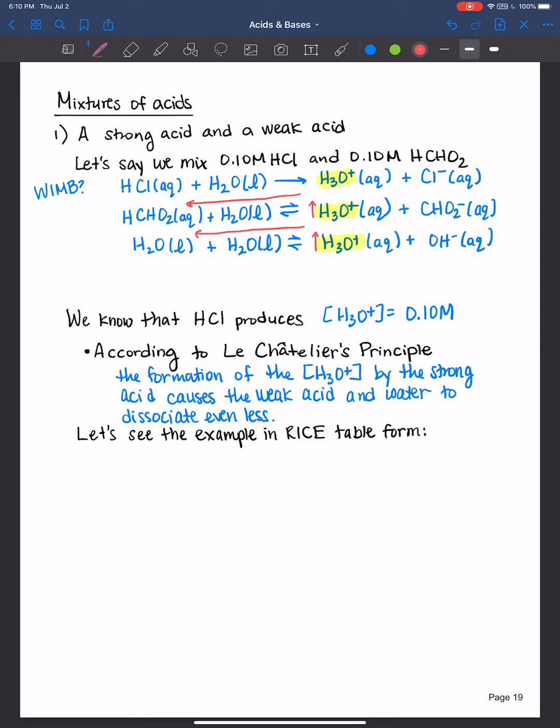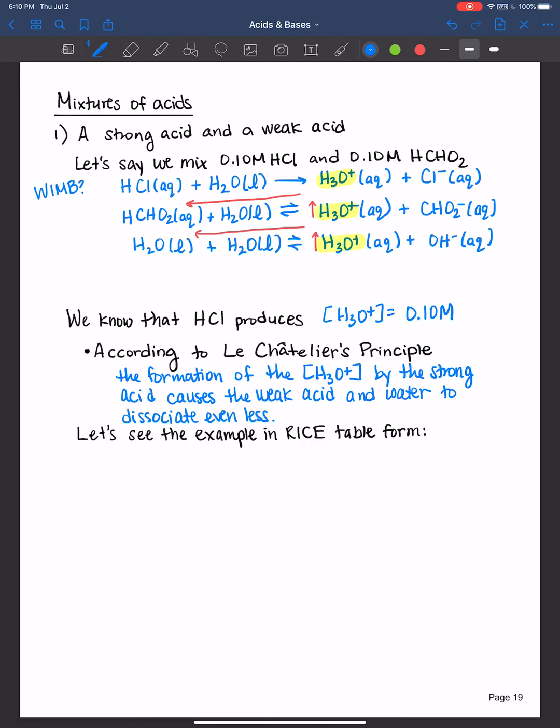Let's see an example of this in ICE table form so we can prove to ourselves that when you mix a strong acid and a weak acid, the strong acid dissociation just completely suppresses the weak acid equilibrium as well as the autoionization of water from producing a significant amount of hydronium ions to affect the pH.